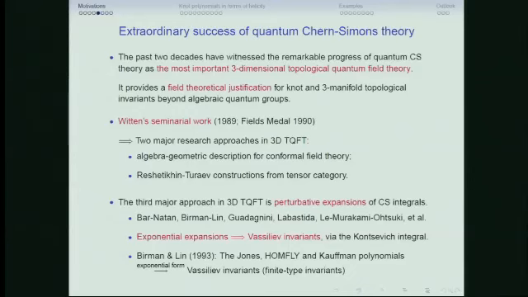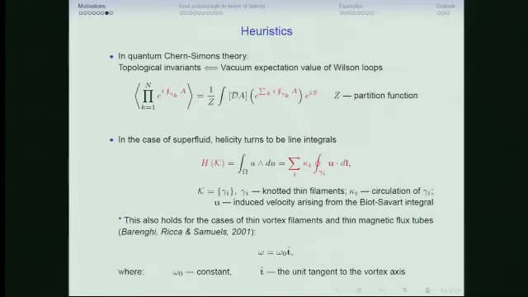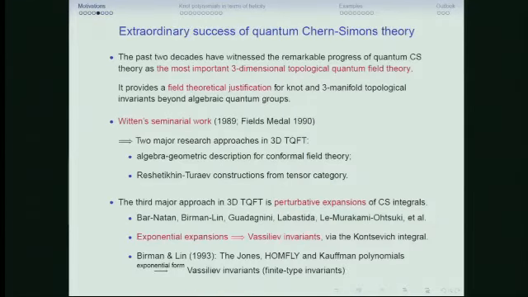Chern-Simons theory is very important in mathematics due to the extraordinary success of quantum Chern-Simons theory. The past two decades witnessed that Chern-Simons theory is the most important three-dimensional topological quantum field theory, TQFT.